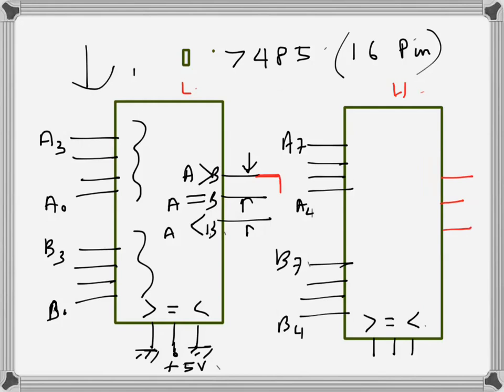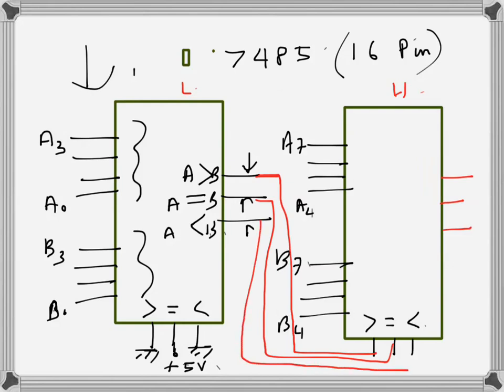This one will go to the greater than, this one will go to the equals to, and this one will go to the input less than. So these outputs are going to the 3 inputs of the next stage.